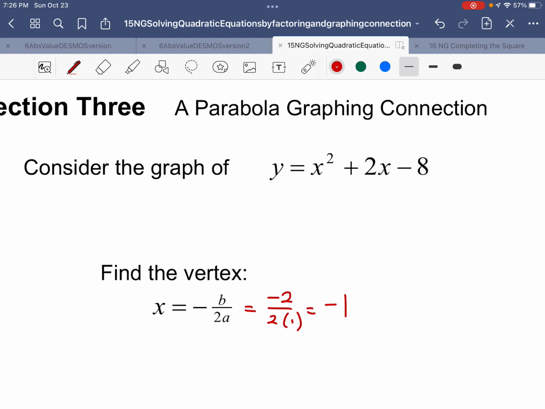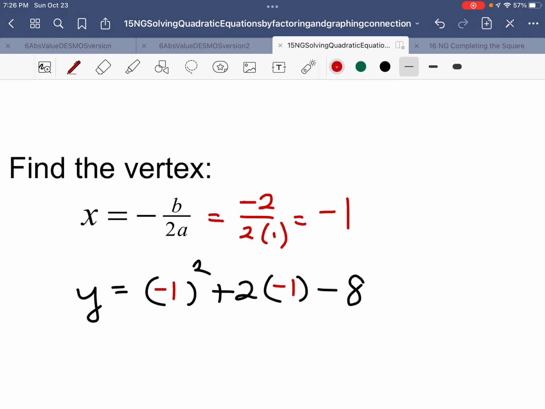Now remember, that's just the x value of the vertex. The y value comes from plugging in negative 1. And if I plug in negative 1, I'm talking about plugging it into the original equation. You always want to be careful when you're plugging in, especially a negative number, especially when we start getting into some extra order of operations here.